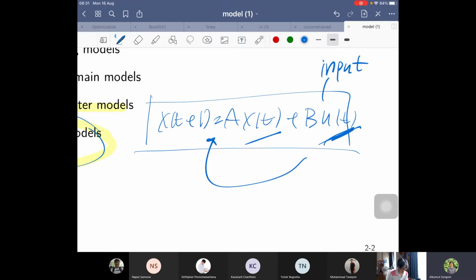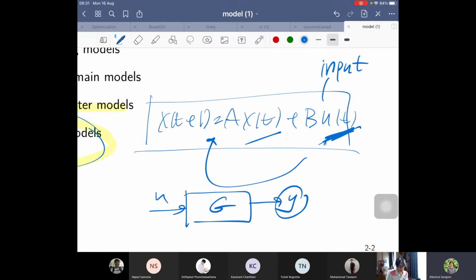From the system identification point of view, you actually design the input waveform so that it stimulates your system to produce Y, in order to make the system identification process valid.